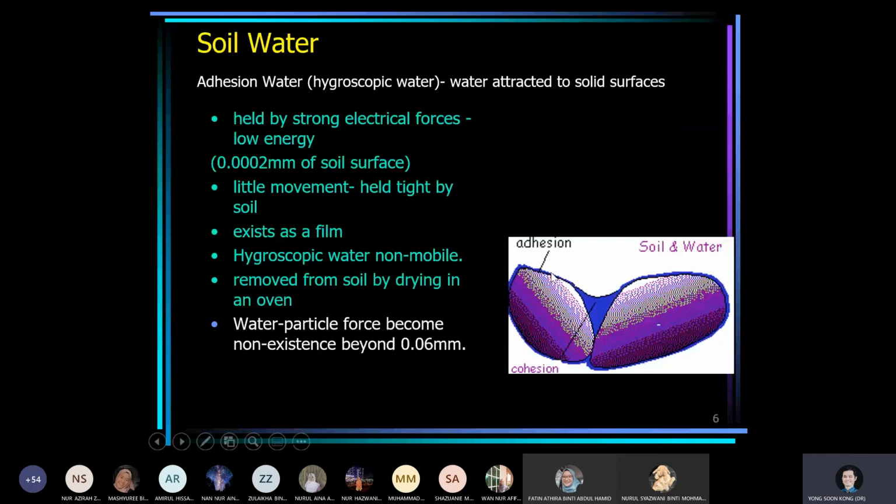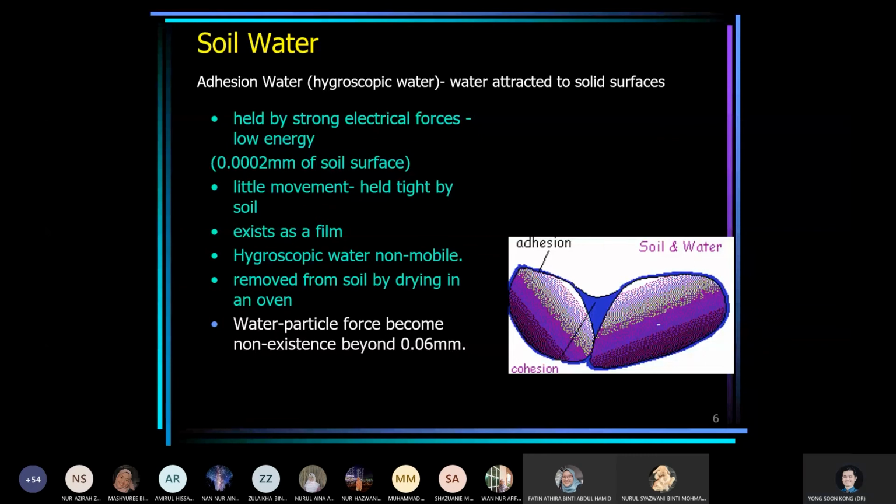Because of that, whatever water molecules are closest will be strongly attracted by one force called electrical force. I would rather call it electrostatic attraction.